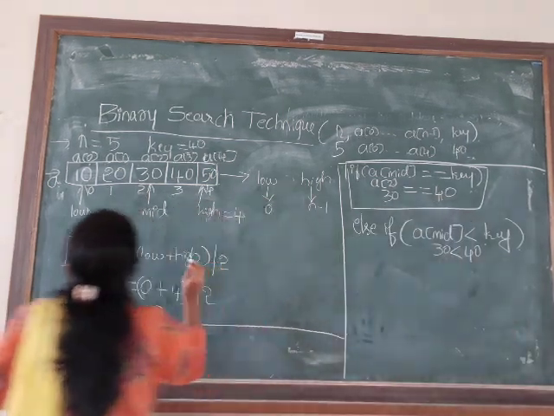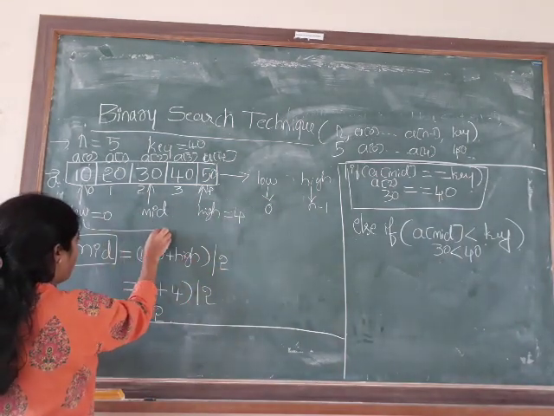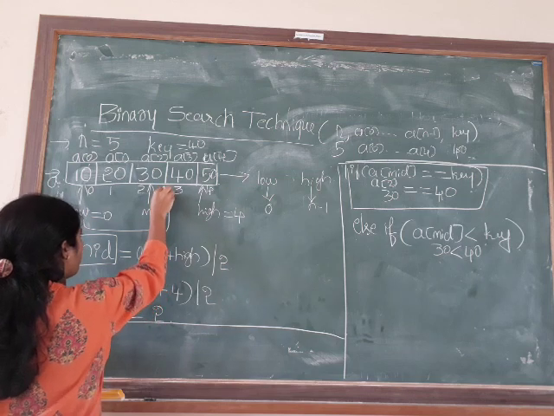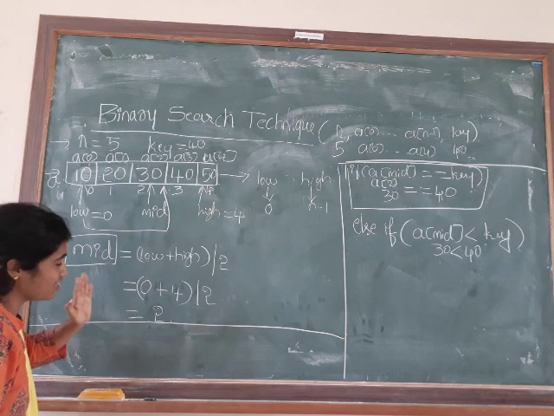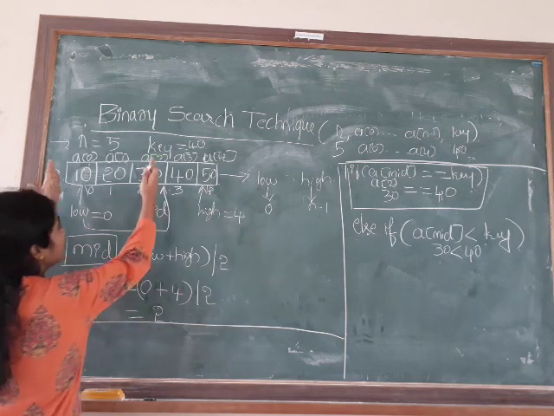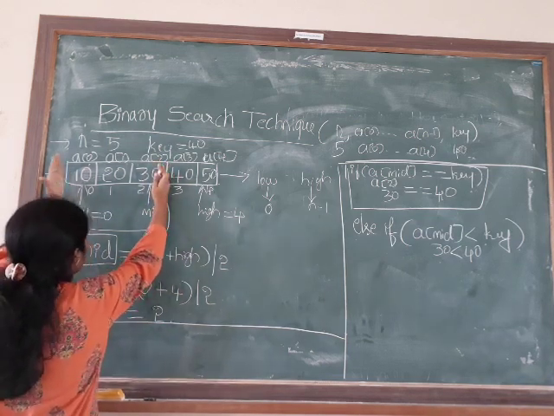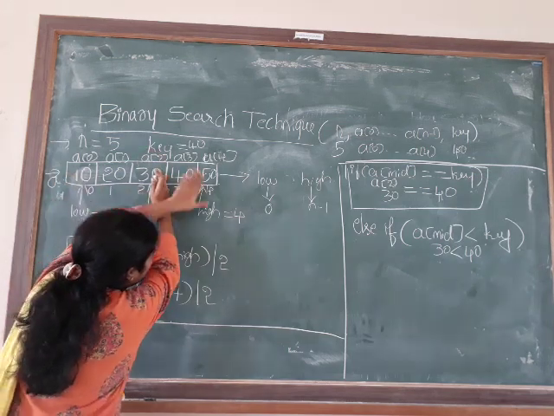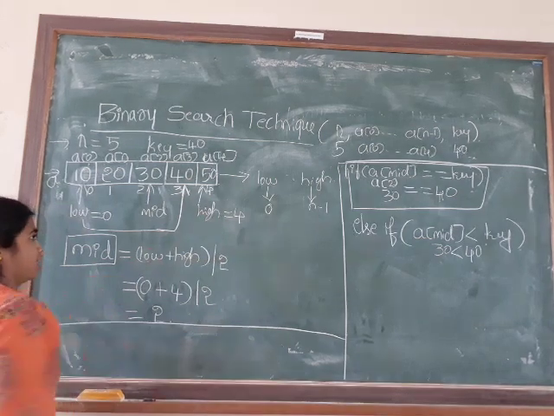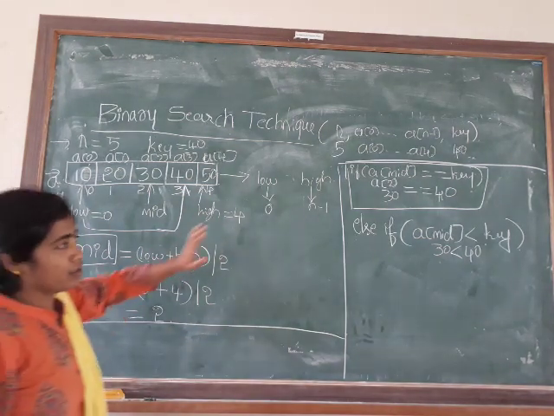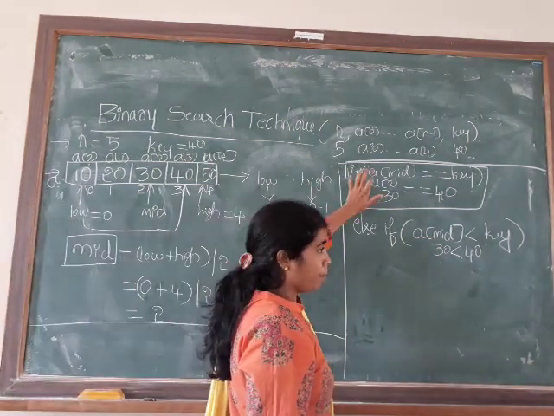So my low has to come here. Agree with me or not? It clearly tells us that the key is not present from here to here. Obviously the key is present later. That's why my low has to move here if the element is not found at the present mid.